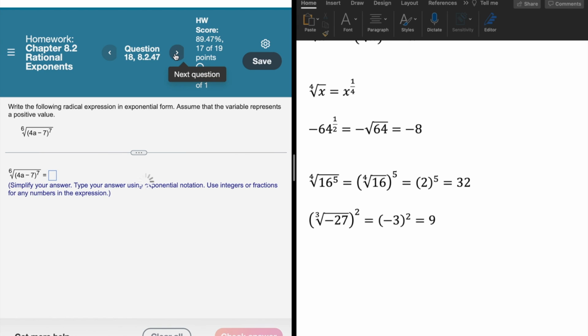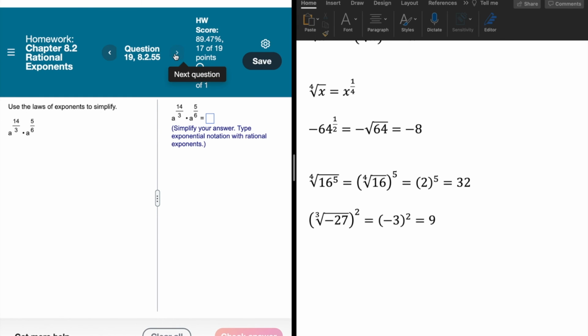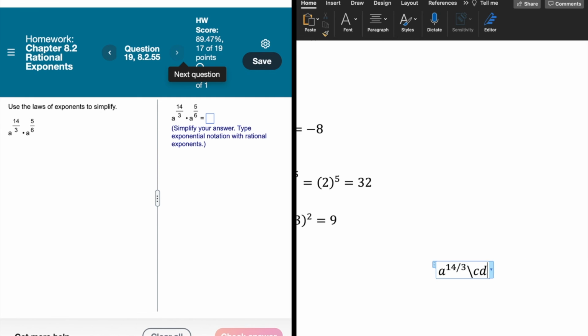And I'm going to skip over that. I think you can do it. And we've got one last question using our laws of exponents here. So the idea here is we've got a to the 14/3 times a to the 5/6, and they want me to perform this operation.